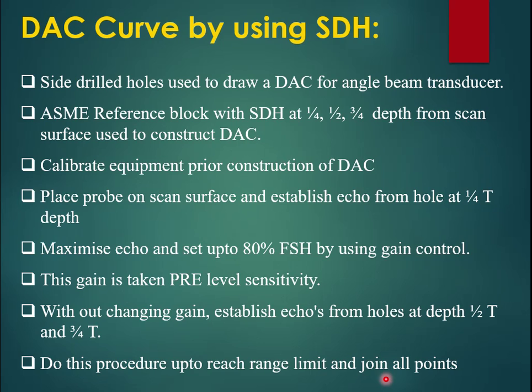By taking that curve as a reference, you have to check the materials. For angle probes, there is no limitation like the consideration for the normal probe. If you use an angle probe, whatever the thickness of the material, you have to draw the DAC curve using the side drilled holes, right?